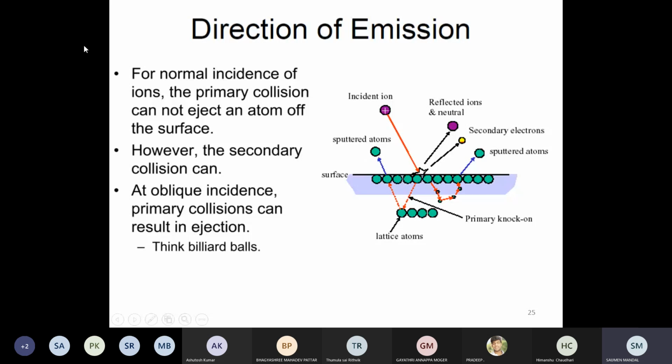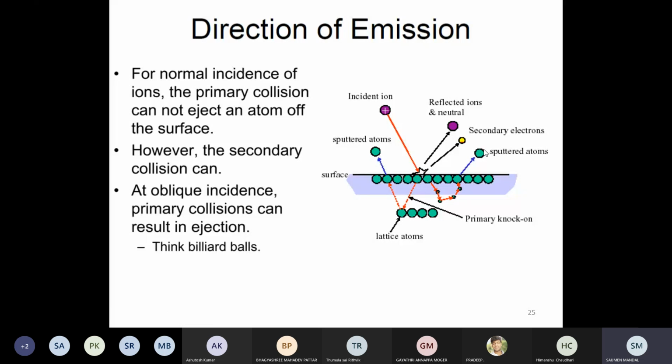Direction of emission: for a normal incident ion, the primary collision cannot eject an atom off the surface, however the secondary collision can. Sometimes, for a normal incident ion, the primary collision cannot eject an atom, but with secondary collisions, the incident atom hits the surface, then hits the next atom, and then another atom finally goes out from the top.